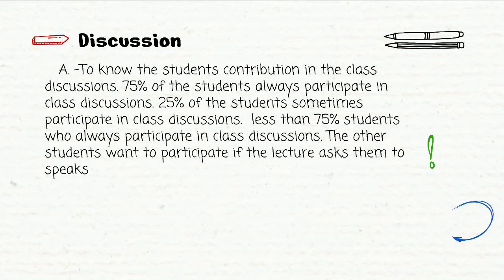From the data, 75% of the students always participate in class discussion, and 25% of the students sometimes participate in class discussion. The other students want to participate only if the lecturer asks them to speak.